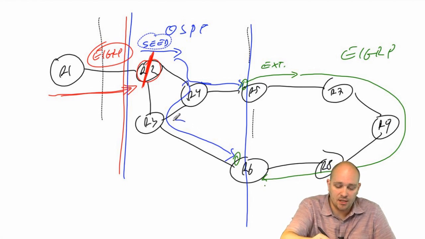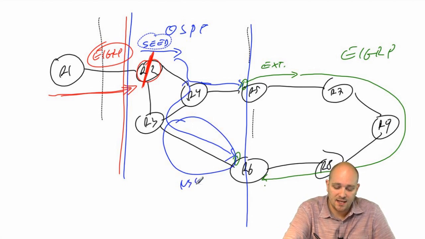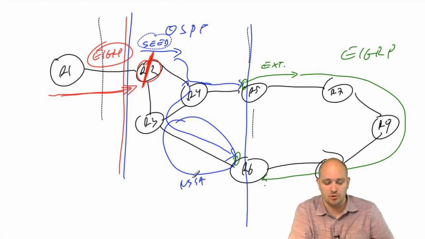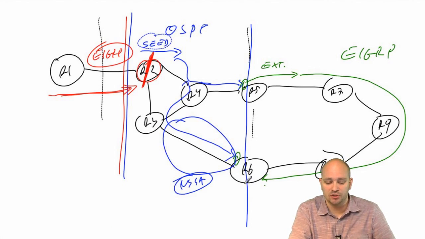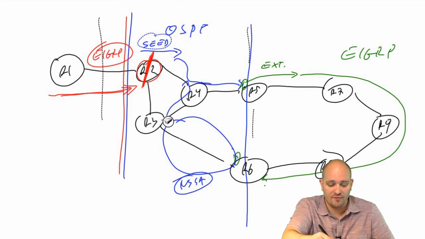Let's say that R6 here was in an NSSA area. Perfectly legitimate situation to have. So R6 here was in an NSSA area, so it wasn't actually receiving this external route to begin with. So this external route never actually arrived to R6.